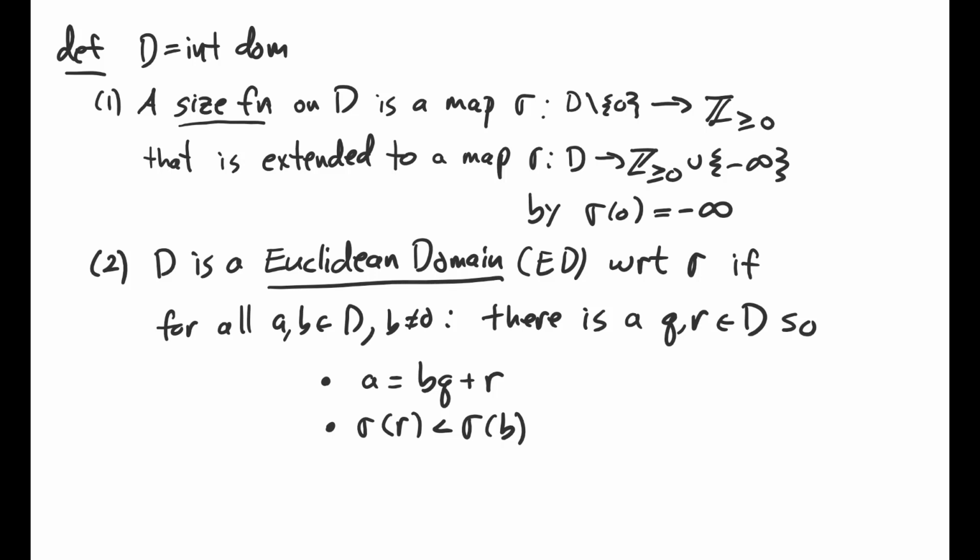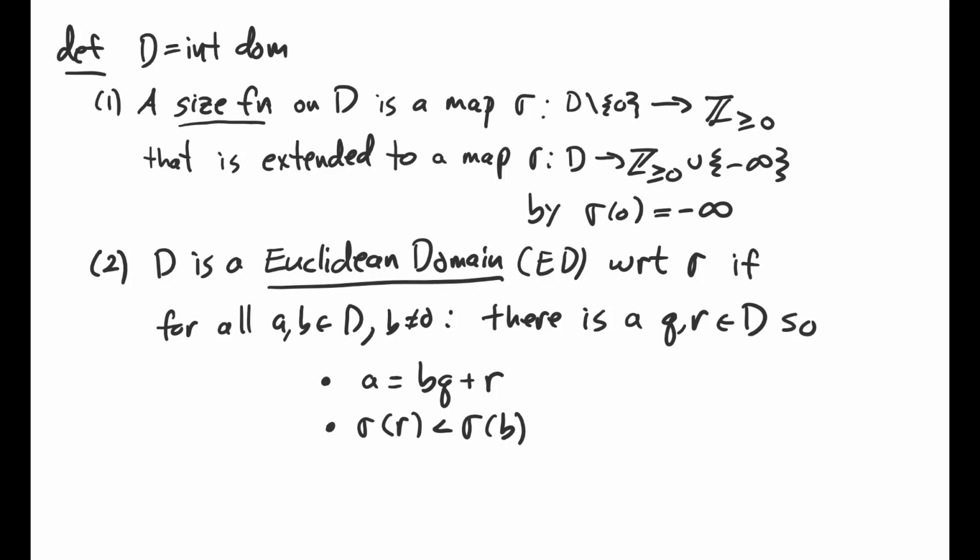Given any A and B in the domain where B is not 0, you can essentially make sense of A divided by B written out multiplicatively. So there is a quotient Q and a remainder R, so that A is equal to BQ plus R, and the size of the remainder, sigma of R, is strictly smaller than the size of B.